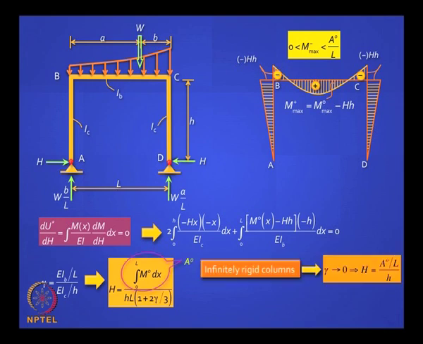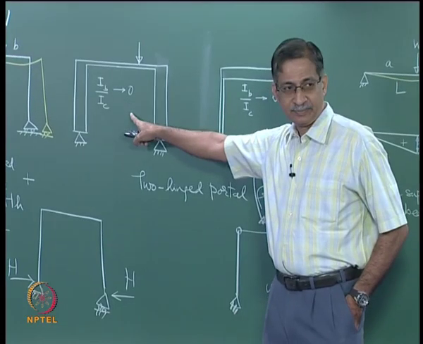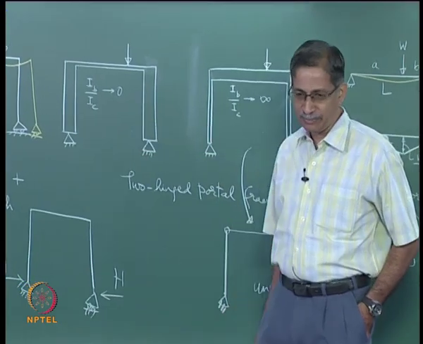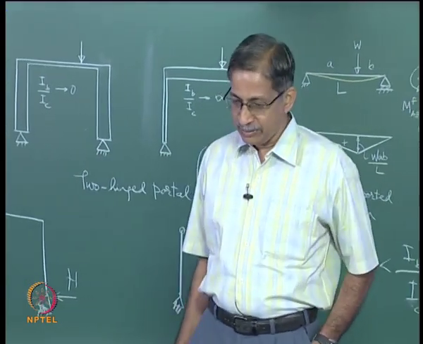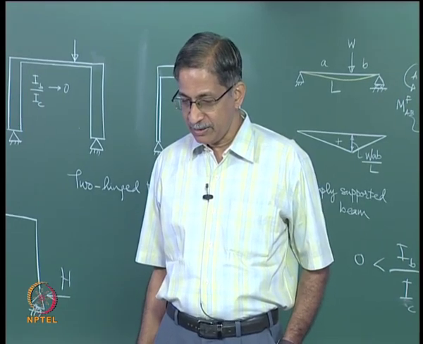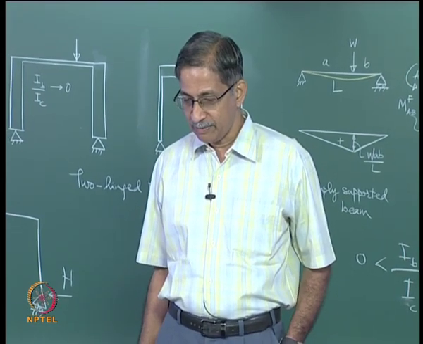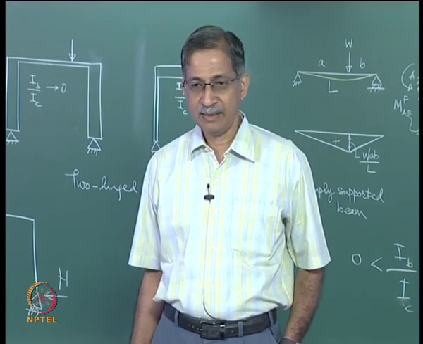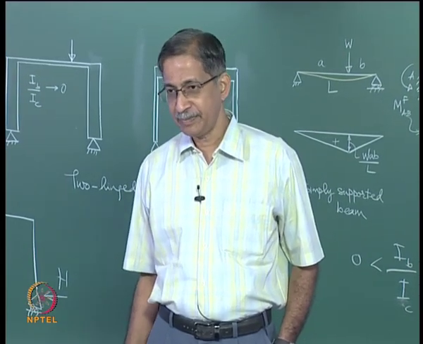So let us look at two extremes. If you have infinitely rigid columns, gamma will tend to 0, and that equation reduces to H equal to A naught by L h, right.